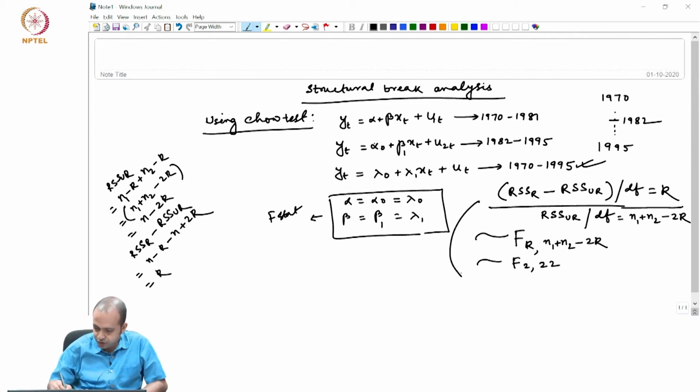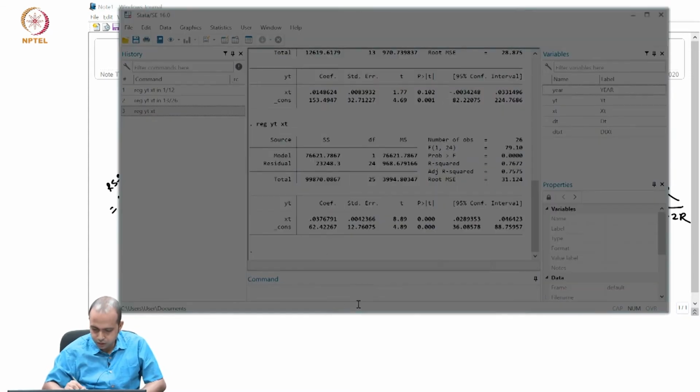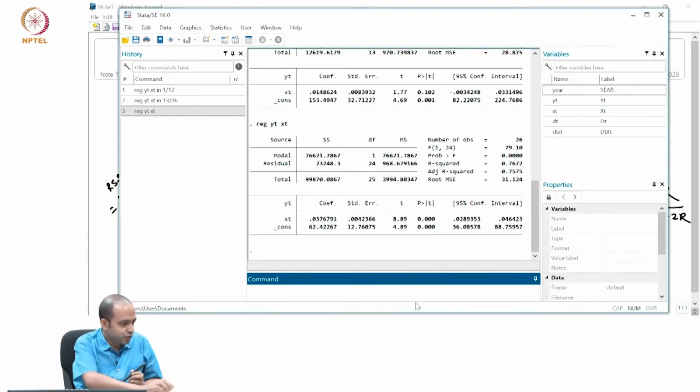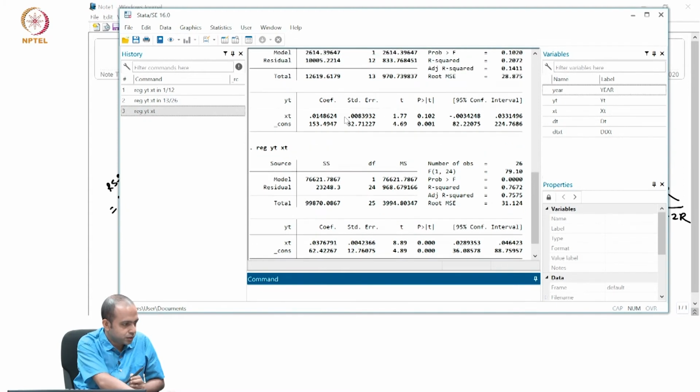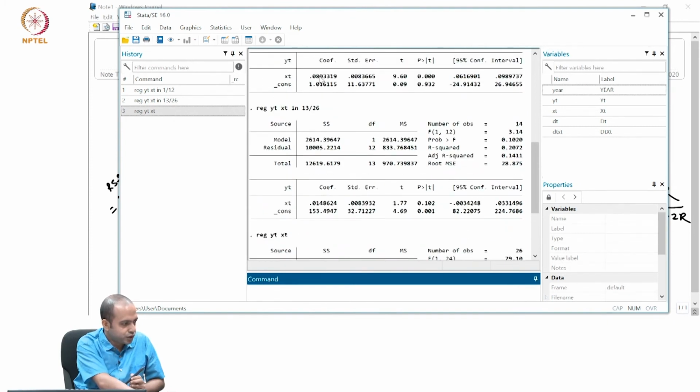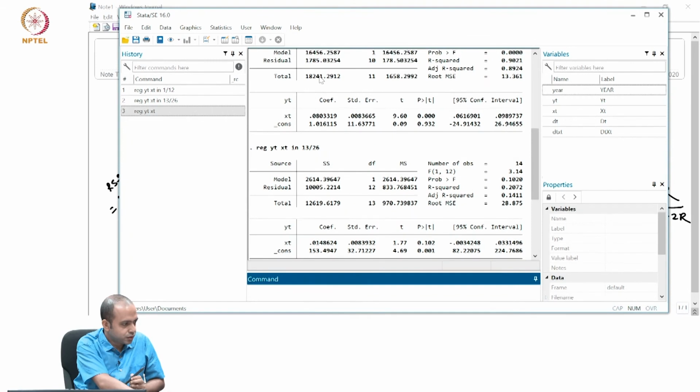So, from this what I can say is 23,248.3 minus, what you have to do, you have to take these two RSS, 10,005 point, the first one is this, 1,785.